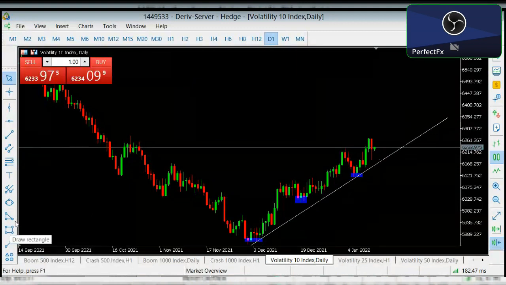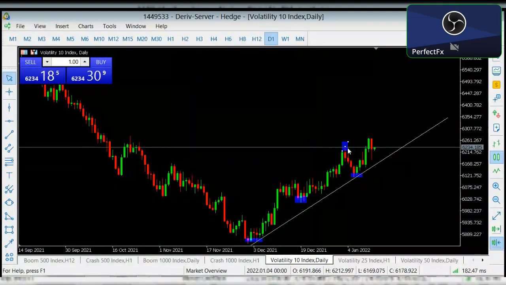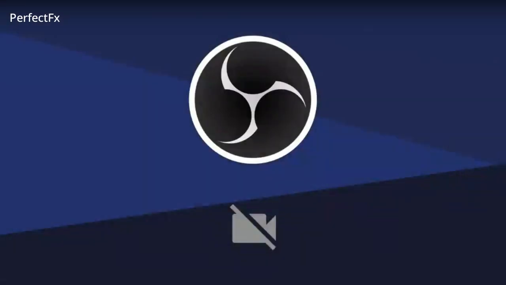This point in the market is the high of the day. And once you begin to see higher highs and higher lows like this in the market, it signifies that the market is in an upward trend. So guys, this market is in an upward trend.